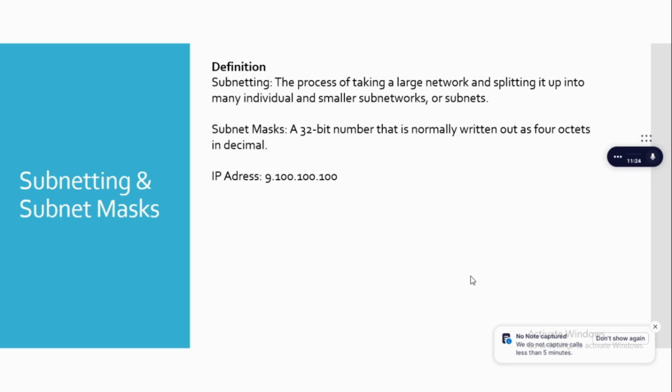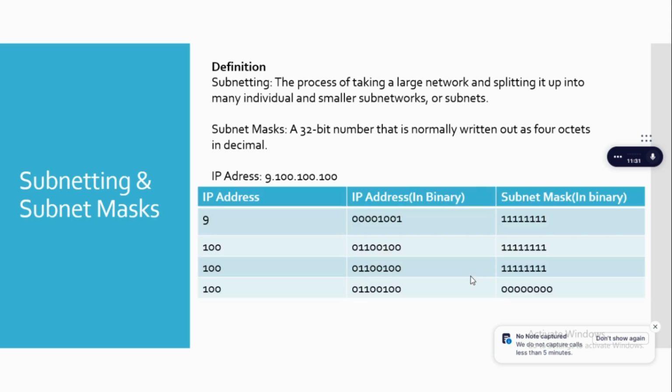For example, if we have an IP address of 9.100.100.100, looking at this table, you can see the IP address in binary and the subnet mask in binary. So clearly you can see that in this example, the first octet, which is 9, and the second and third octets, which are 100, 100, will be ignored.